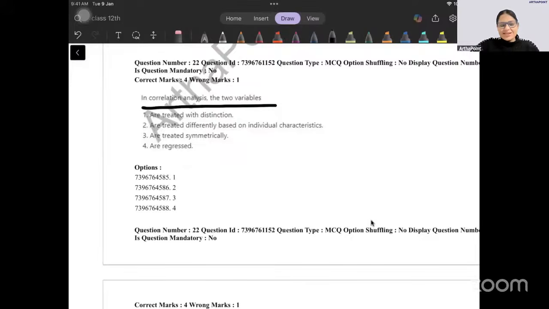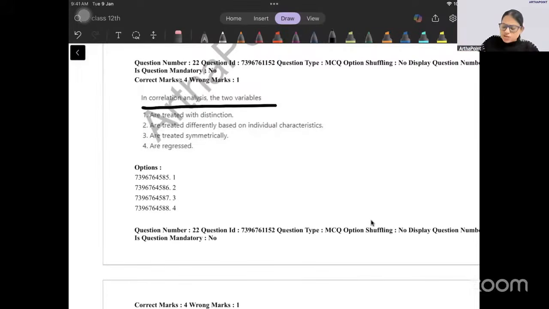Symmetrically is the correct answer. Symmetrically माने कि कोई भी किसी पे भी डिपेंडेंट नहीं है. दो इंडिपेंडेंट वेरिएबल है जिनका एक दूसरे के बीच में हम कोरिलेशन निकाल रहे हैं. राइट. So there is no distinction. ऐसा नहीं है कि एक डिपेंडेंट है और दूसरा उस पे इंडिपेंडेंट है.